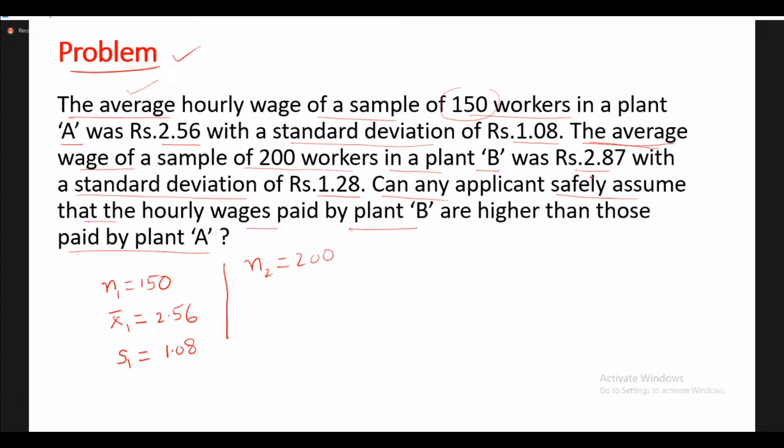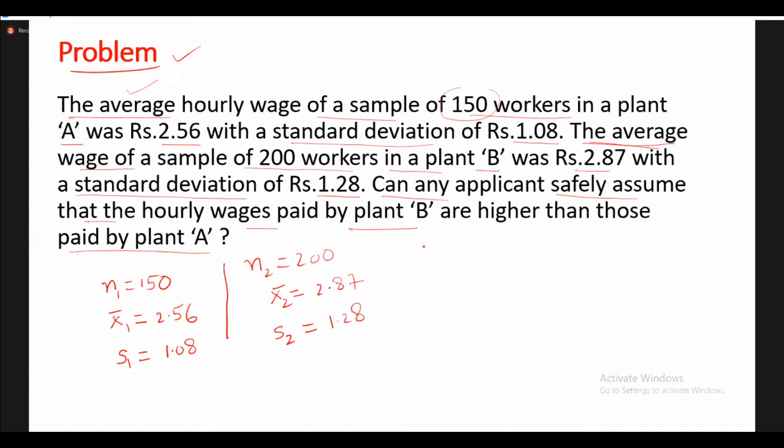Plant B was 2.87. That is the second random sample mean, x2 bar, that is 2.87, with standard deviation. The standard deviation is denoted by s. This is the second random sample standard deviation, that's why we wrote s2. s2 is equal to 1.28.